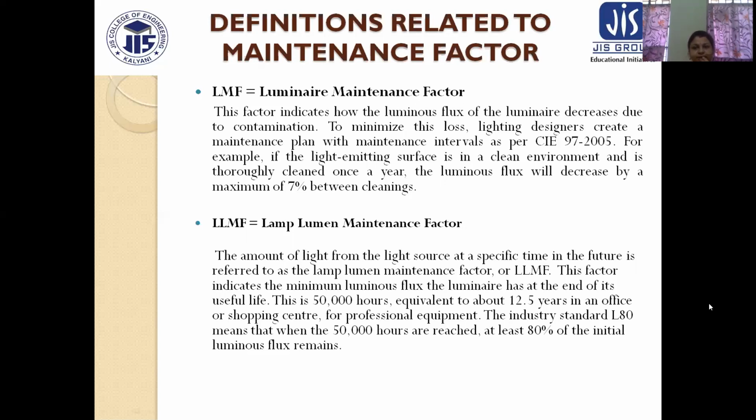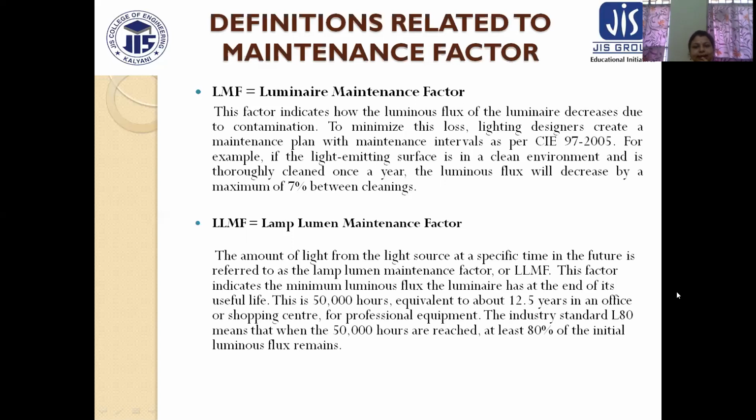To minimize the loss, lighting designers create a maintenance plan with maintenance intervals as per CIE standard 97 to 2005. For example, if the light emitting surface is in a clean environment and is thoroughly cleaned once a year, then the luminous flux will decrease by a maximum of 7% between cleanings.